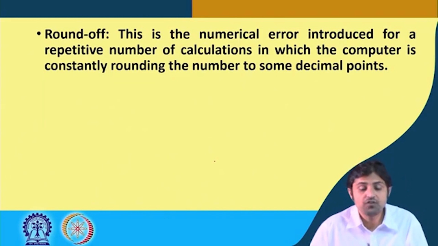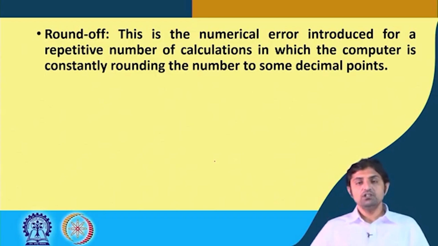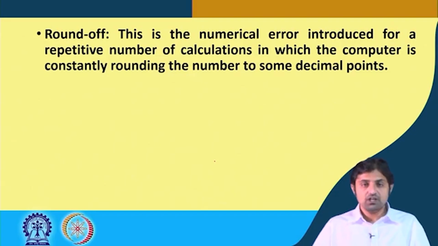Second, there is round off error. This is a numerical error introduced over a repetitive number of calculations in which the computer is constantly rounding the number to some decimal point. Suppose the accuracy of the computer is, let us say, 3 decimal places, and our solution is 1.117985, or let us assume the value of pi is 3.14 and it goes on.